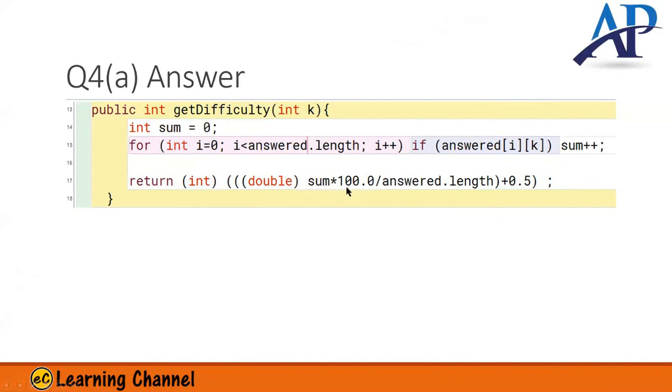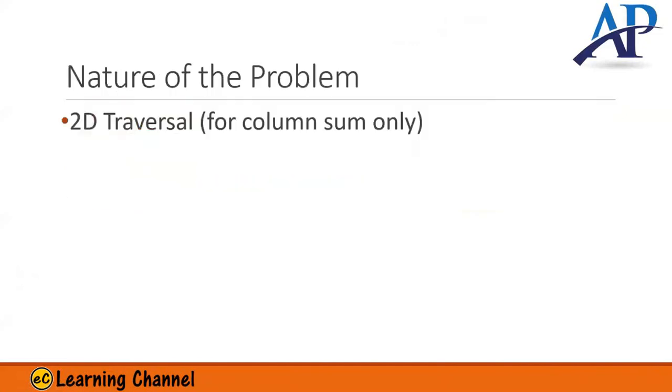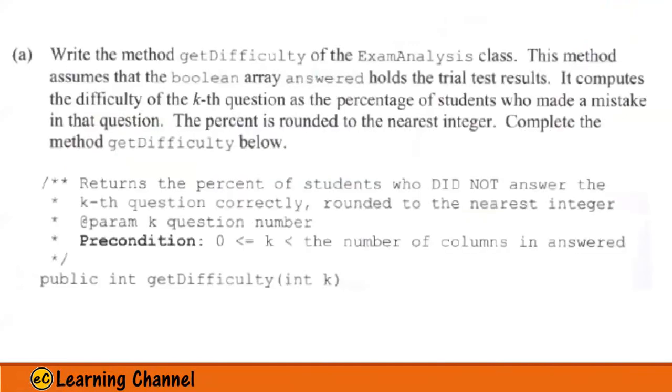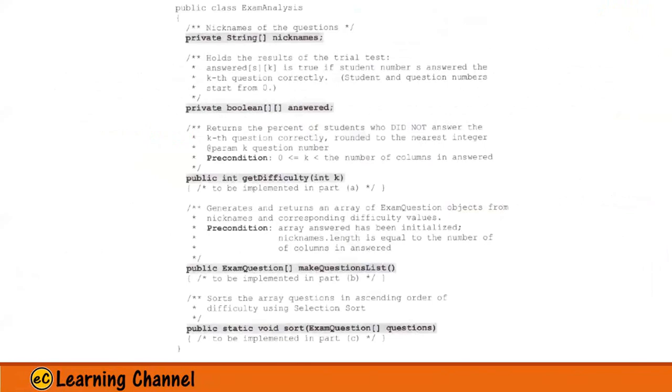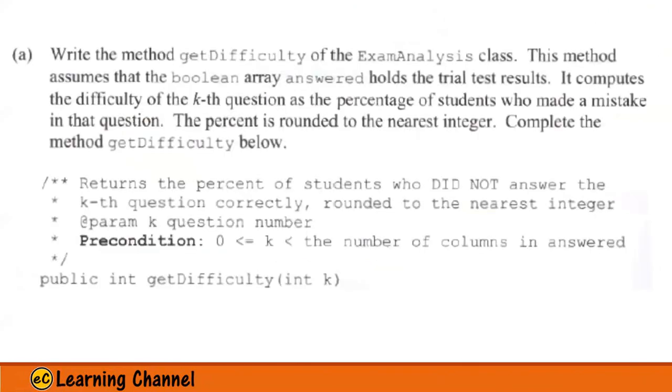And then this one times 100 and divided by the answers length. This takes the average, plus 0.5, and takes the integer, which gives the percentage score in integer format.